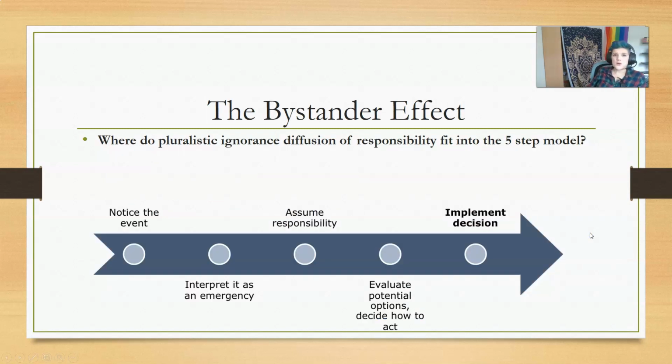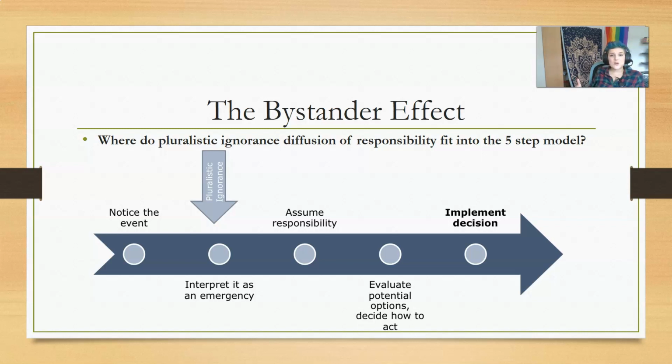So where do you think that pluralistic ignorance and diffusion of responsibility fit into the 5-step model? Pluralistic ignorance would fall around here, interpreting it as an emergency. If no one else is acting, then no one else is interpreting it as an emergency.